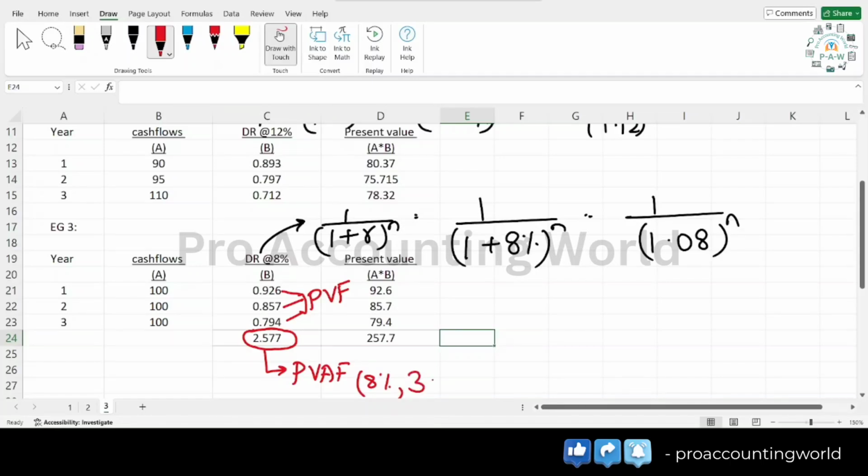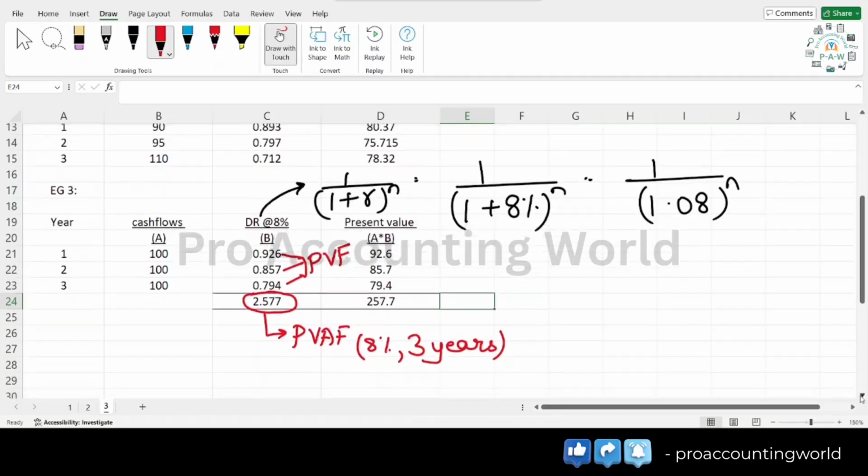You have added for 3 years. So you will write 8% 3 years. So whenever you see 2.577, it is PVAF 8% 3 years. So we understand that the 3 years' discount rates at 8% are added, and so we are getting 2.577.